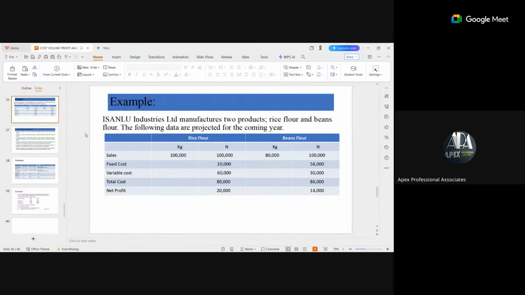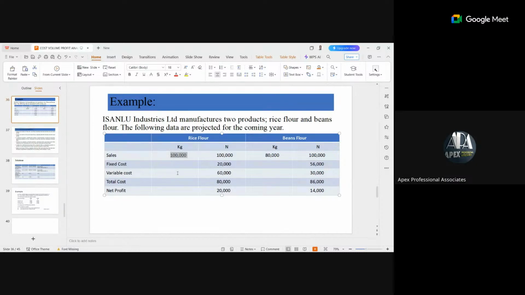Somebody is still wondering, how did we get 0.6? See it. 60,000 is the money. How many did you produce? You sold 100 kg.